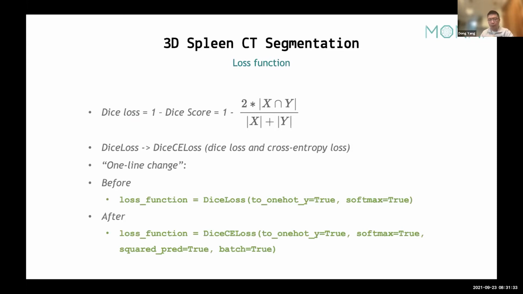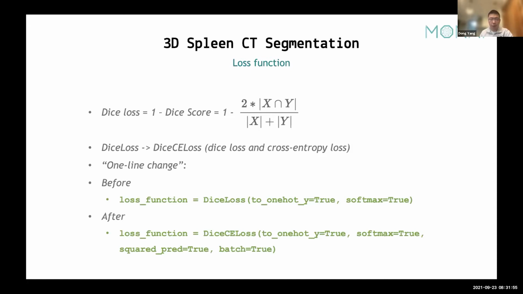So this is a very popular loss. What if we want to take a step further and combine this Dice loss with cross entropy loss? As I said, Dice loss is mainly a global constraint for the structures, and cross entropy is to penalize the pixel-wise loss.